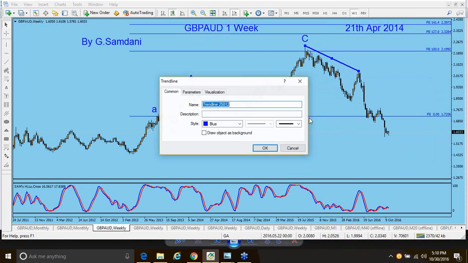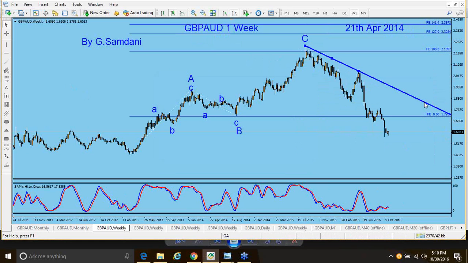Okay, so first level would be this one if we are going to the upside, if this pattern is going to play out.